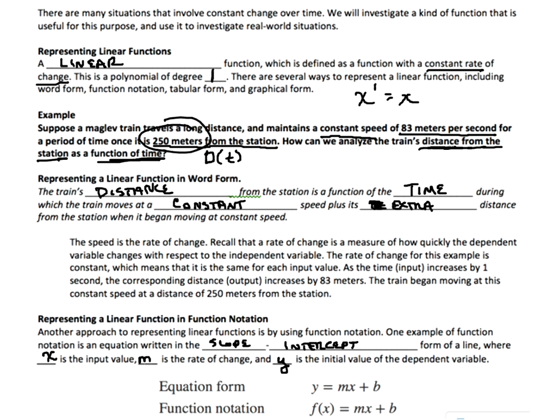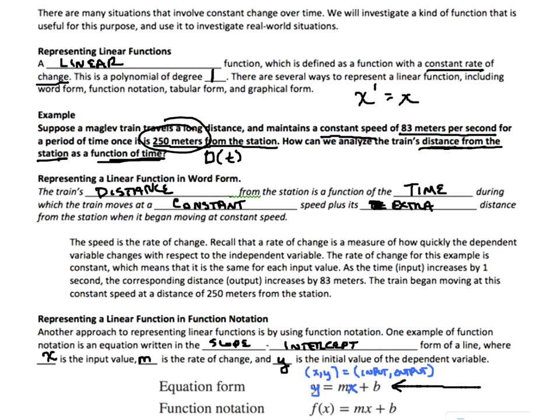So this is an equation written in slope-intercept form. I have my input and output variables, that's x and y.